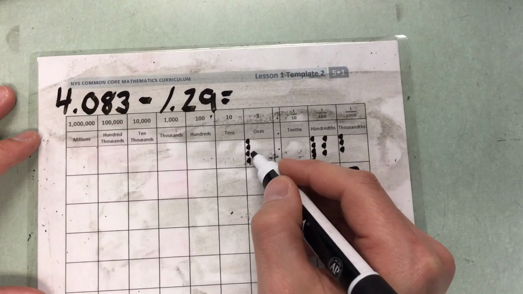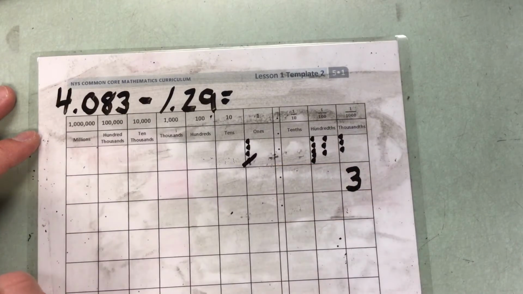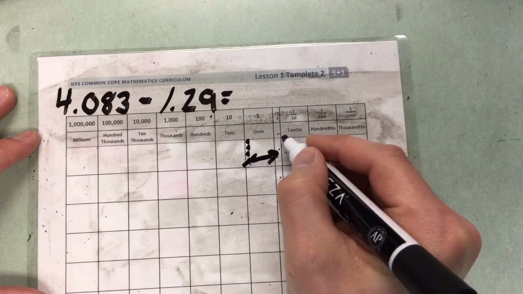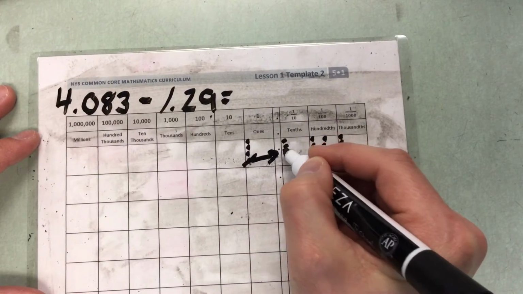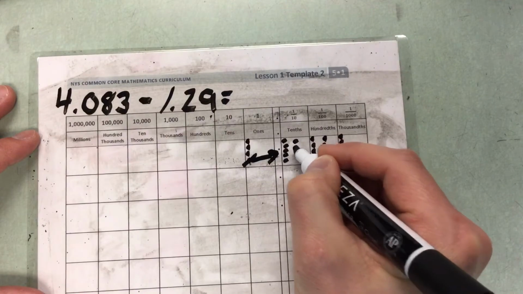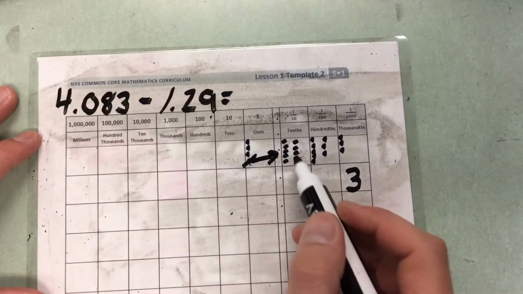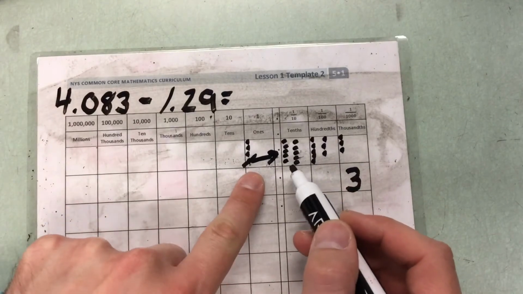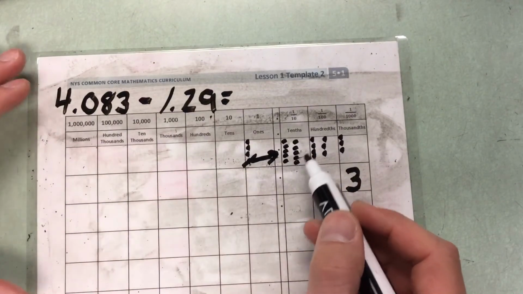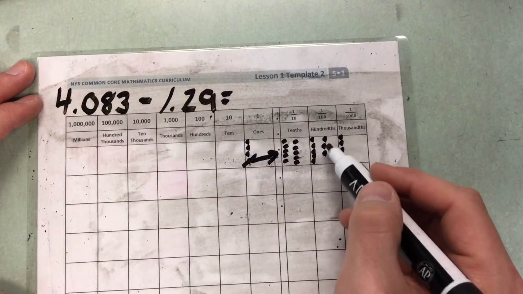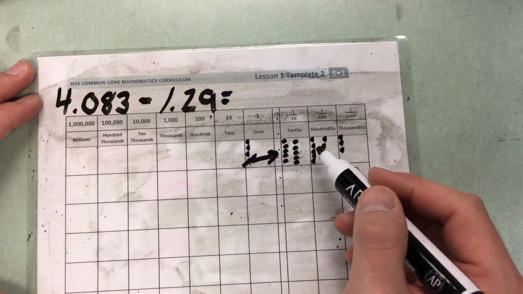So when I borrow 1 one, I'm going to unbundle it first. When I move it back, it's going to become 10 tenths. Now I have 10 tenths, which is equivalent to that 1 one we just borrowed. Now I can borrow from my tenths column so I can have enough to take away 9 hundredths.